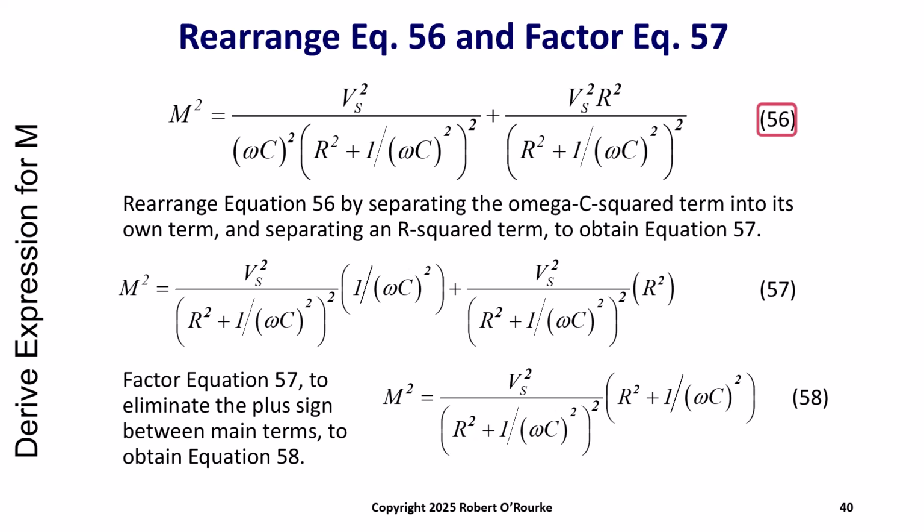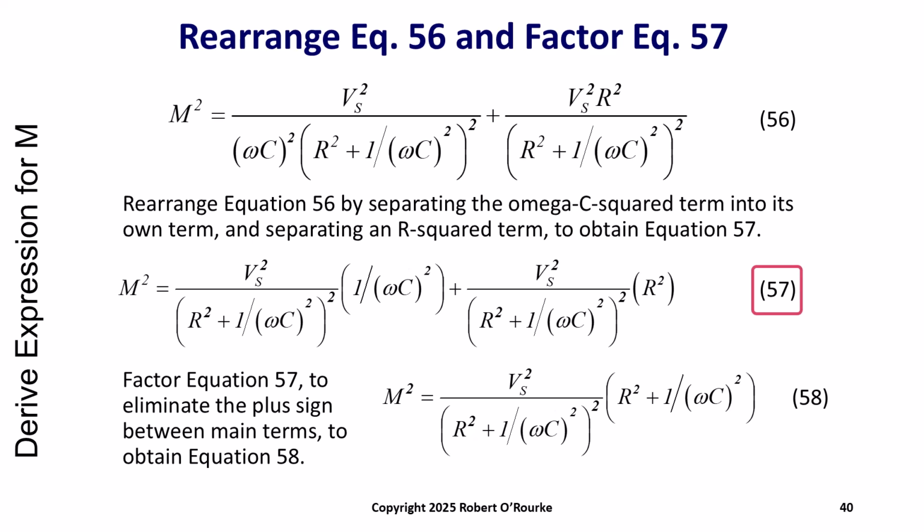Reformat equation 56 by moving the omega-c quantity squared term from the denominator into its own expression as 1 over omega-c squared in the numerator. Also separate the R squared term from the rest of the right-hand term on the right-hand side of equation 56. The result is equation 57.